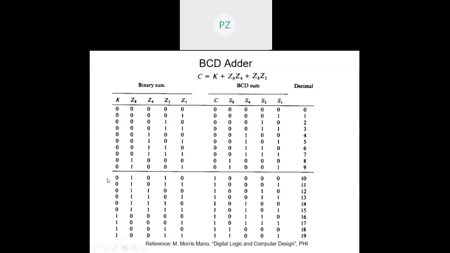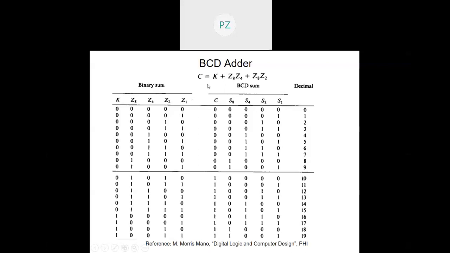Similarly, 11, which in binary is 1011, right? It will become 1 0001. Likewise, this will continue till 19. Why till 19? Because I'm talking about BCD sum, and BCD goes as far as 9 only.